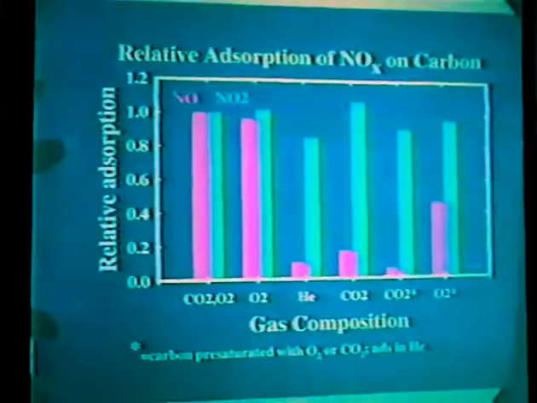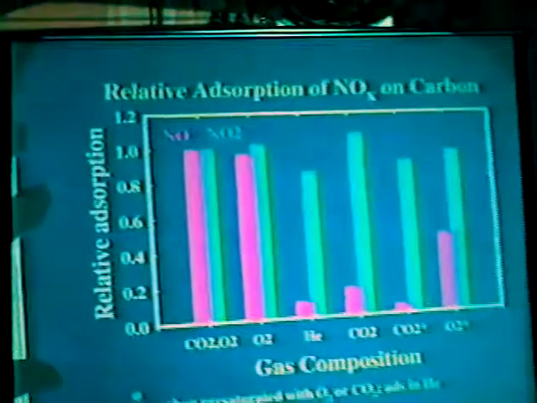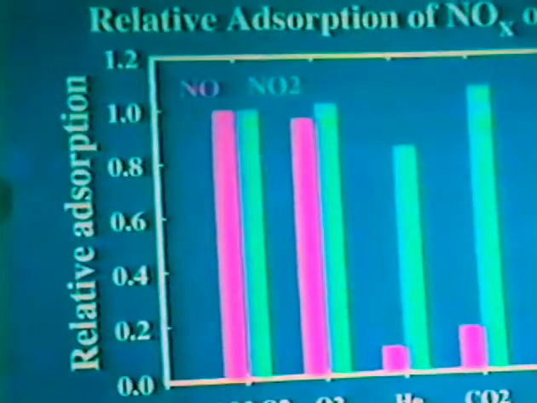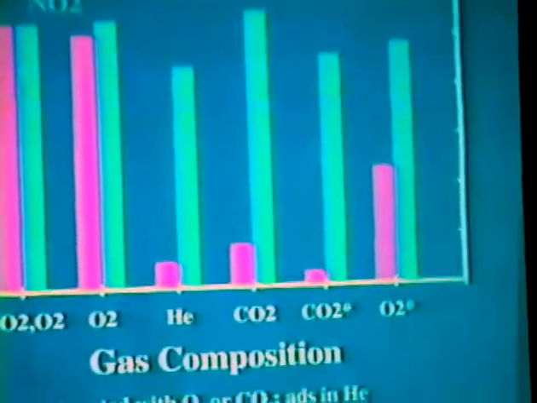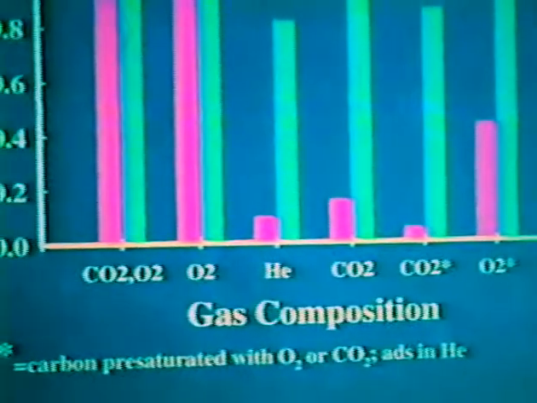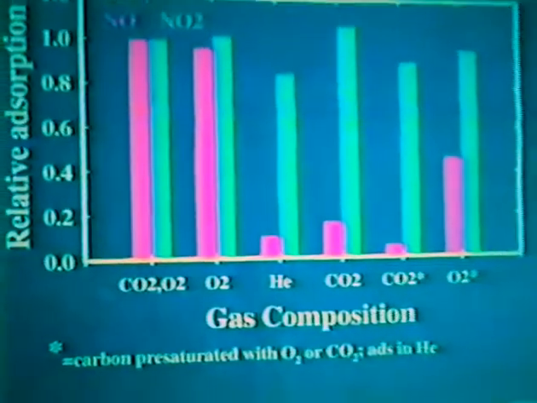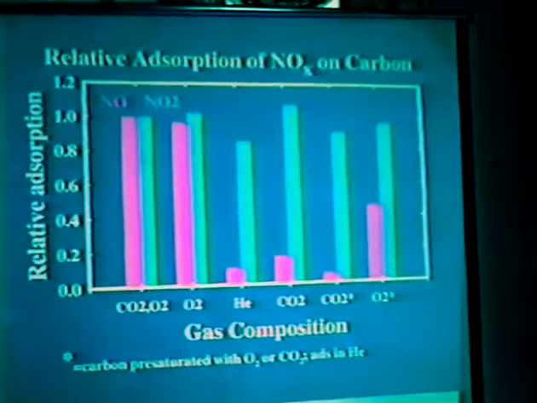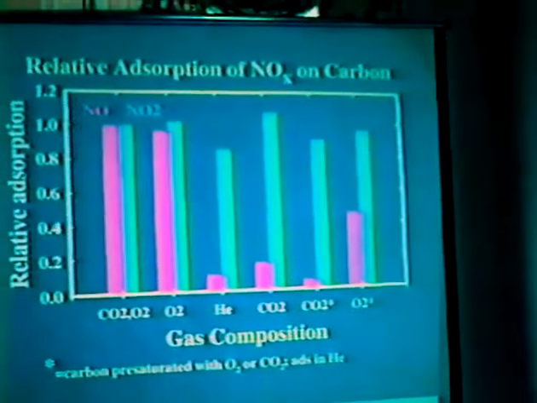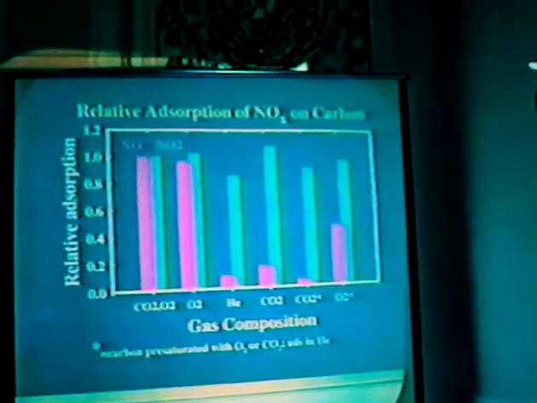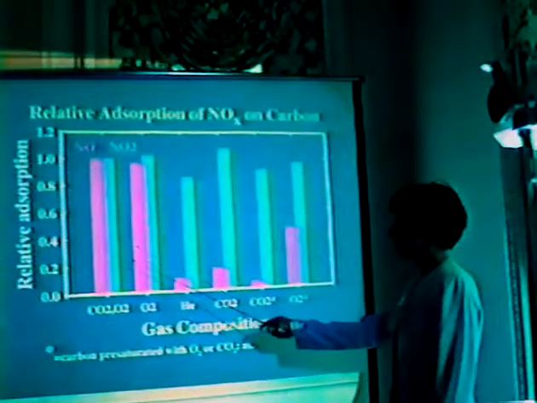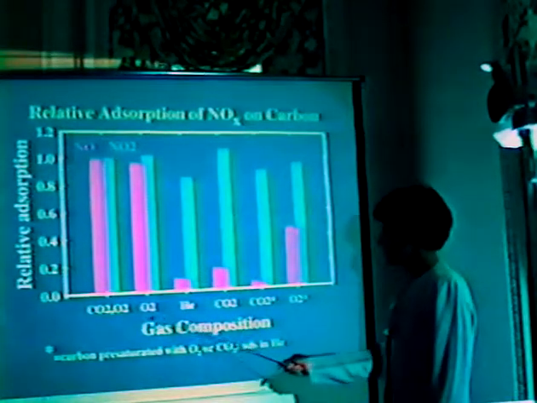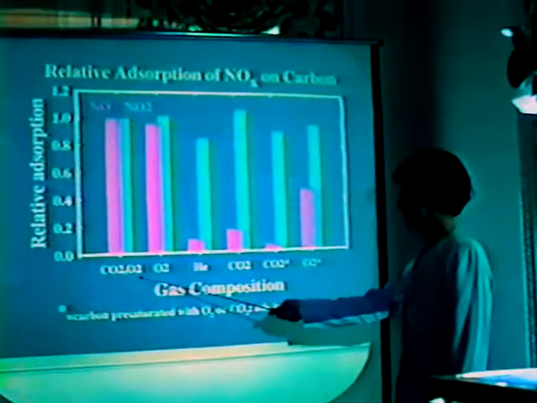Now, we did a fairly extensive study looking at the differences between the adsorption of NO and NO2 onto activated carbons. We wanted to particularly look at the effects of other combustion gases. And so we looked at the adsorption of both NO and NO2 in various combinations of CO2 and oxygen.